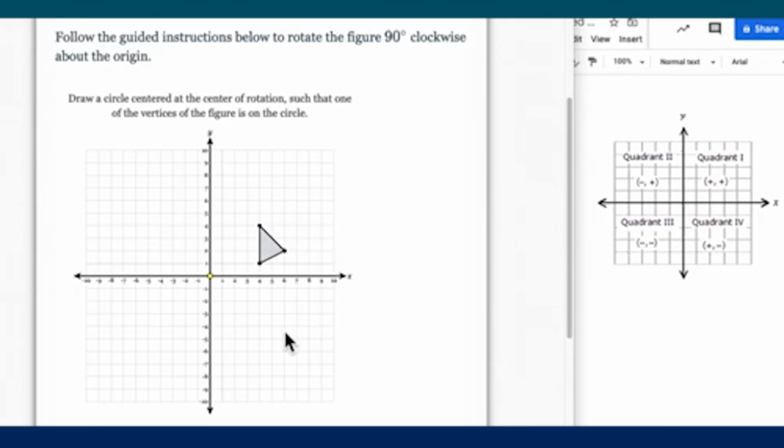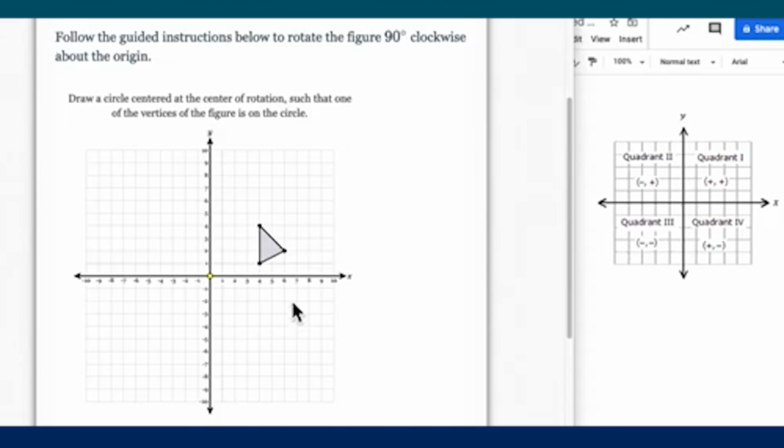That means my new vertices are going to have a positive x value and a negative y value. If we're moving from quadrant 1, where all of our vertices had positive x and positive y, into quadrant 4, our x values are going to be positive, but all of our y values will be negative. Keep that in mind as we go through this.